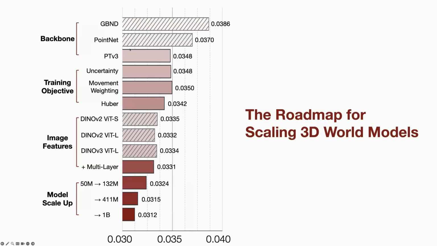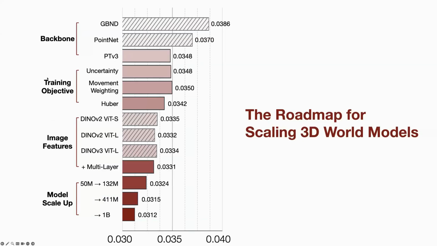What we also found useful is adding image features. Because we're training the 3D world model, the point cloud models, from scratch, this is unlike, for example, video model cases, where people can start with some pre-trained video model. So we found that we need some sort of priors about the semantics of the scene, and DINOv2 and v3 really help here.